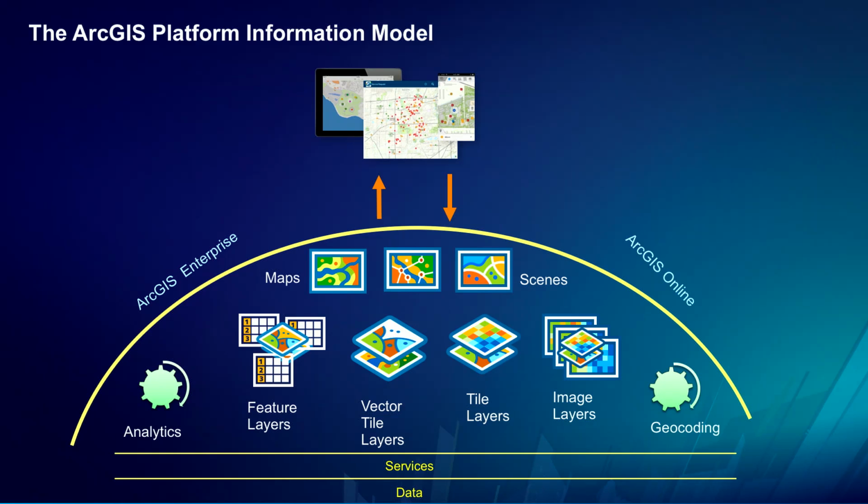And underpinning all of this, we have data that's served out by services and then allows you to come up with a different set of layers. And we see a number of different things there, from our feature layers, our tile layers, and then all of these things we use to author our maps. And then once we have these maps, they can be used inside of various parts of the platform.